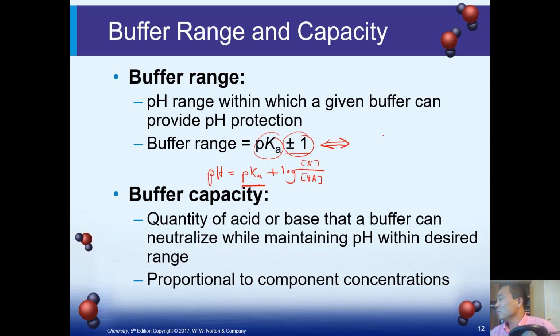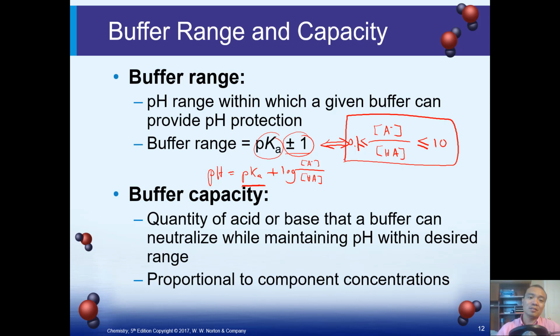Neither concentration should be smaller than or equal to 10 but greater than 1/10. Neither concentration should be too small or too large.